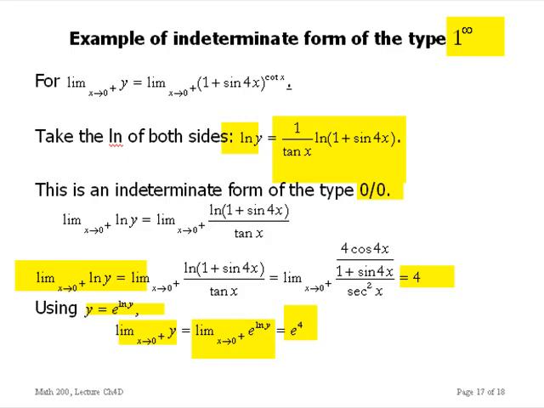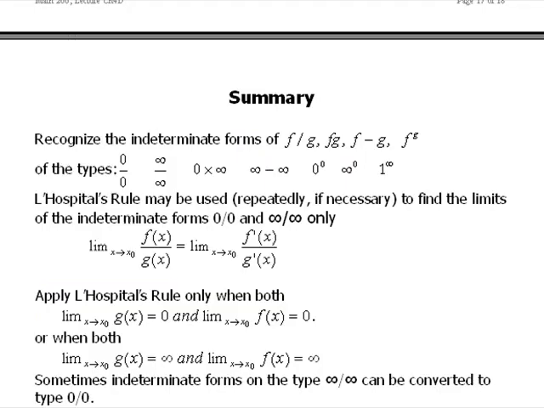Now let's have a summary. Indeterminate forms can occur in the case of f over g, f times g, f minus g, and f raised to the power g. There are different types: 0 over 0, infinity over infinity. These are the two for which L'Hopital's rule applies.